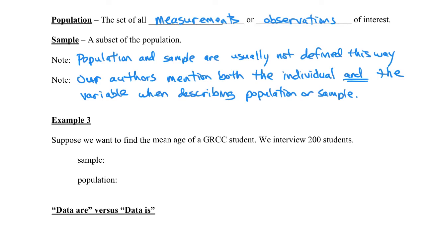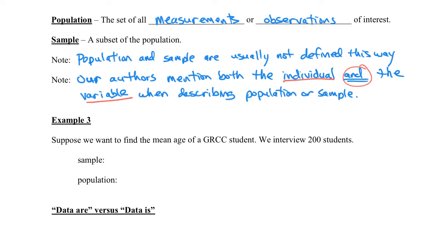Okay, so our author is going to mention the individual and the variable, both. A lot of times if you took AP Stats, you probably defined population just mentioning the individual. But our author's a little different, so the answers in the back of the book are going to reflect that. The individual and also the variable will be mentioned when we describe a population or sample.